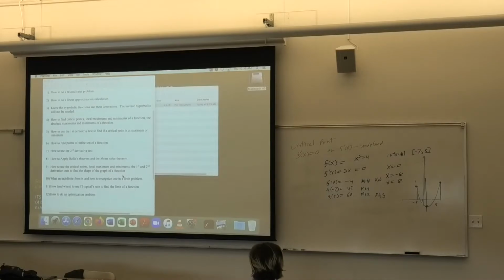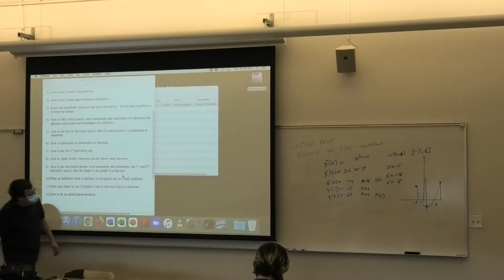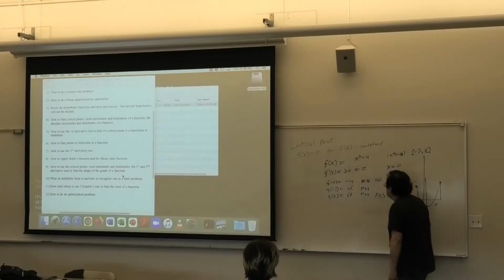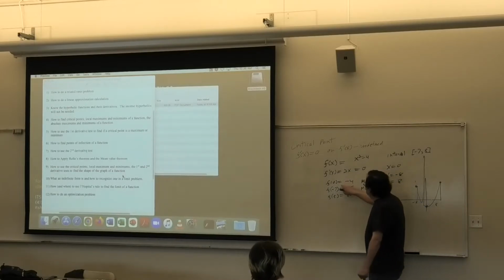Okay, how to use the first derivative test to find if a critical point is a maximum or a minimum. Let's see if we can use this. The first derivative test says that, what?